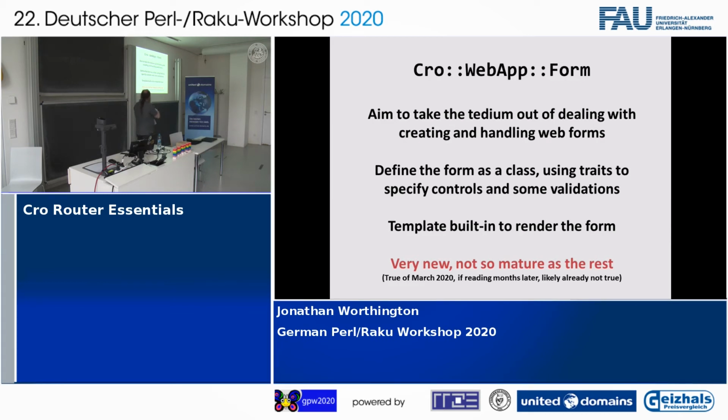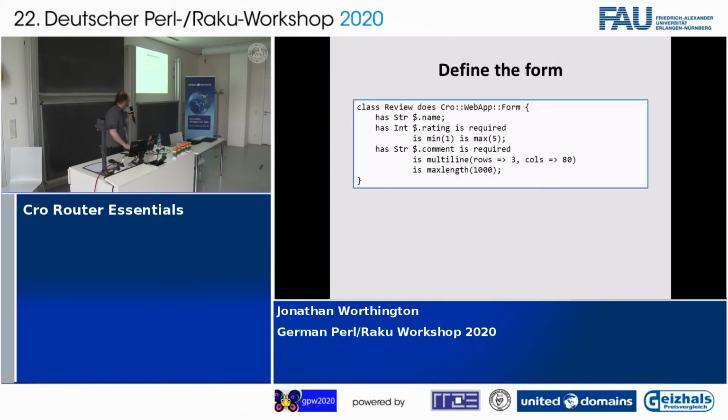One thing I'll point out, pretty much everything else that I've shown you so far is stuff that's been in production and occasionally making some money for a while. But this stuff is basically brand new, the form. So this forms thing is probably the least mature of things.